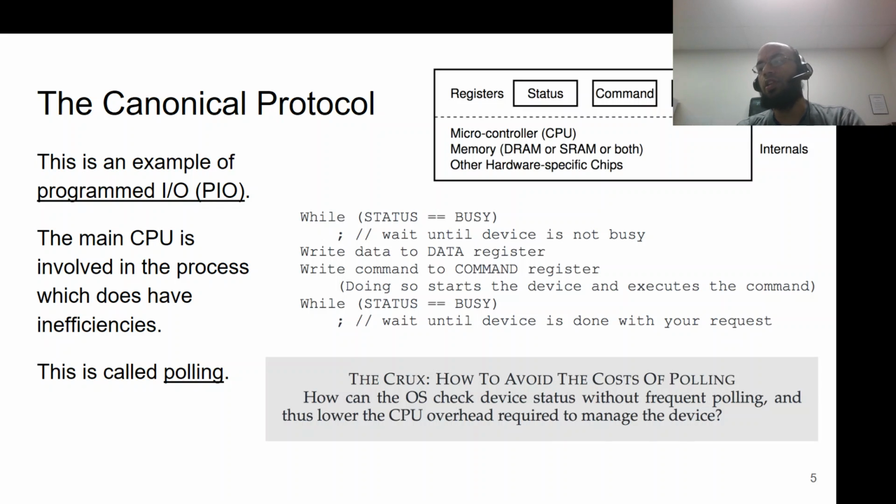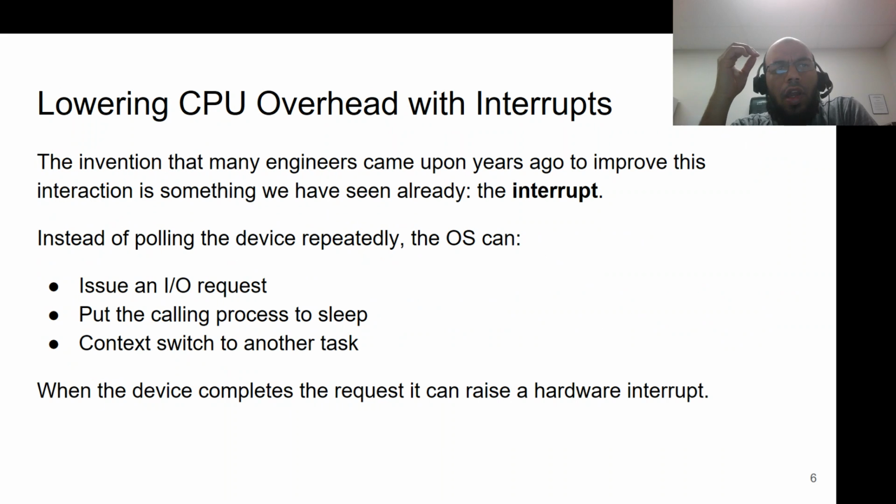So polling is an expensive process because you have the CPU waiting for every I/O device, as we already discussed. So what we try to do is lower the CPU overhead with interrupts. So we have invented interrupts. This is sort of a recap of what we said during the first few lectures.